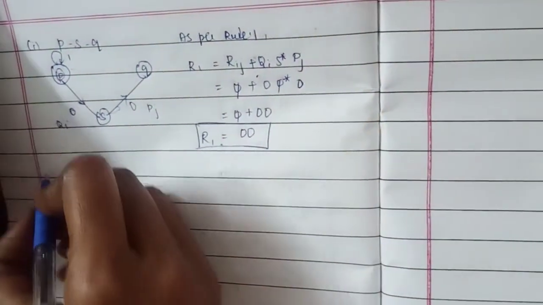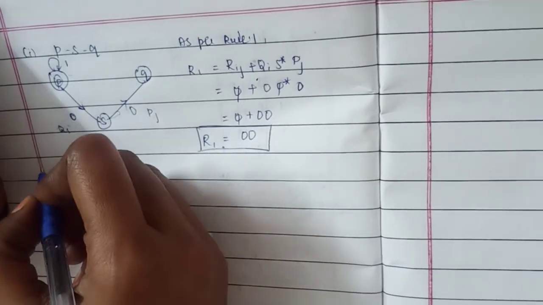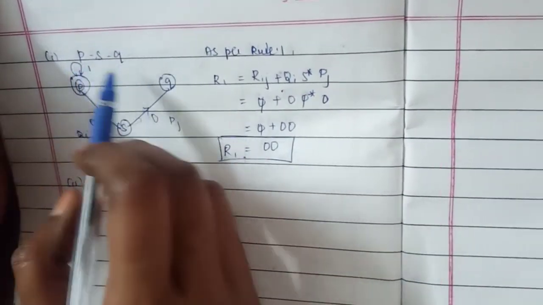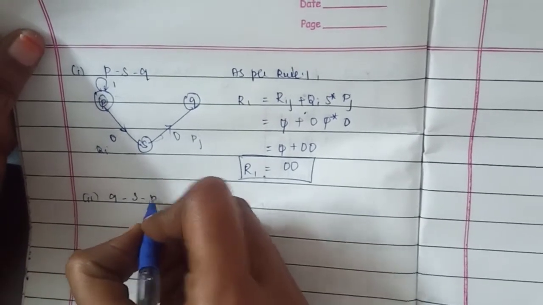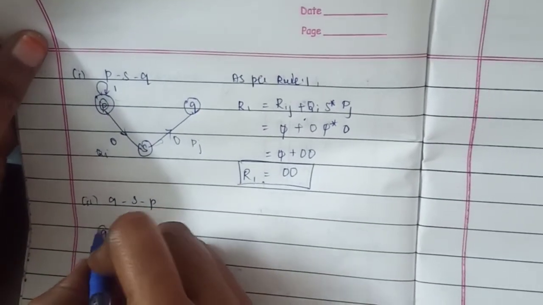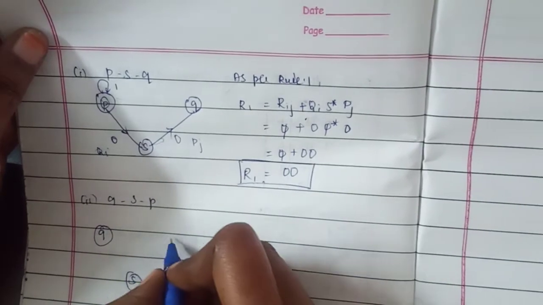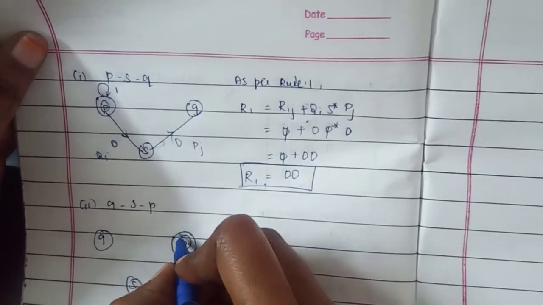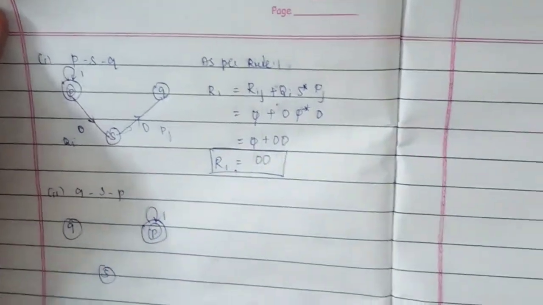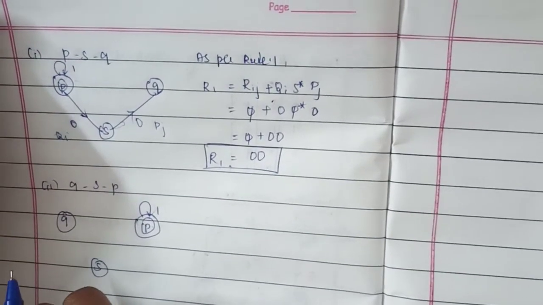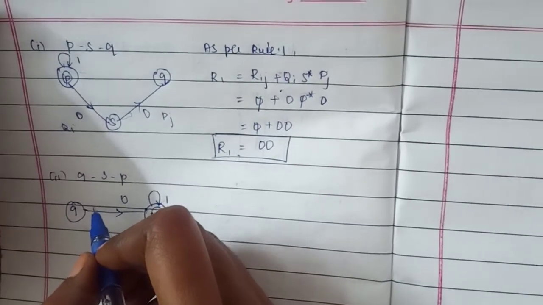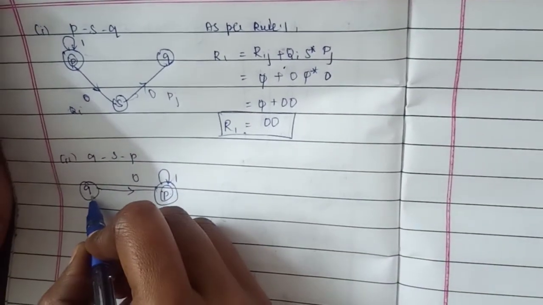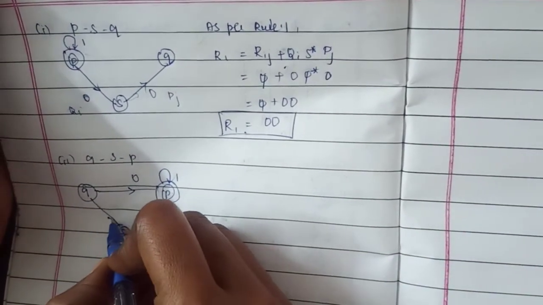The second possible case here: when you find this PSQ, we have to find QSP. When you see this QSP, Q to P is 0 when you look at the diagram, and Q to S is 1.